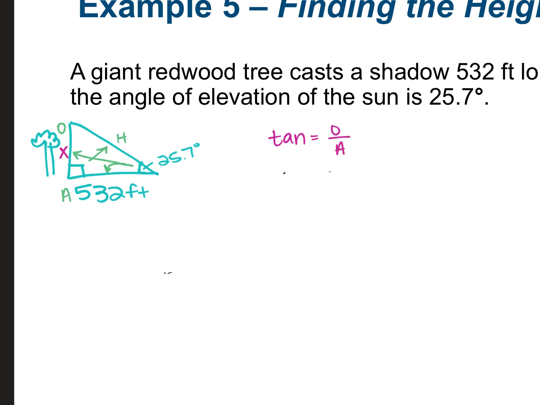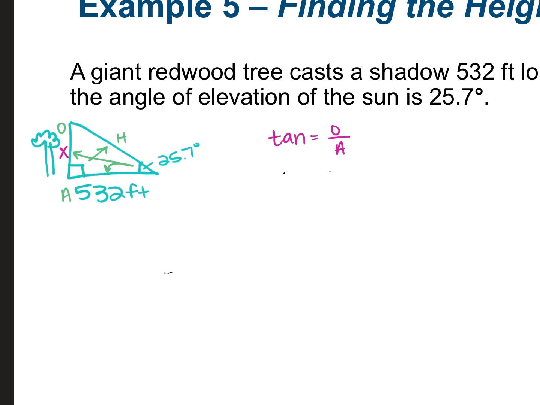Again, this is something that you need to decipher based off of what you're finding and what you're given. That's why drawing a picture for yourself is a little bit easier to figure this out. If we plug in our values, that angle measurement will always go to the sine, cosine, or tangent that you're working with.